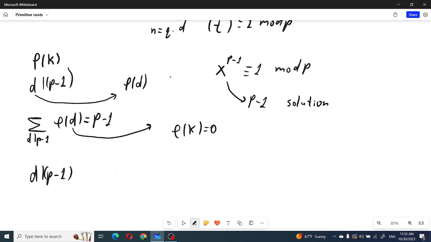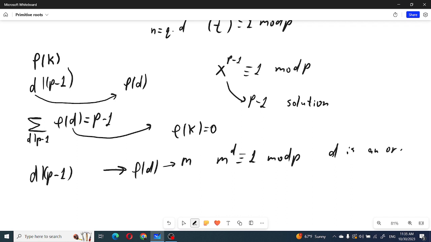So for every d we will have phi of d numbers m such that m to the d equals 1 mod p, and d is the order for m.